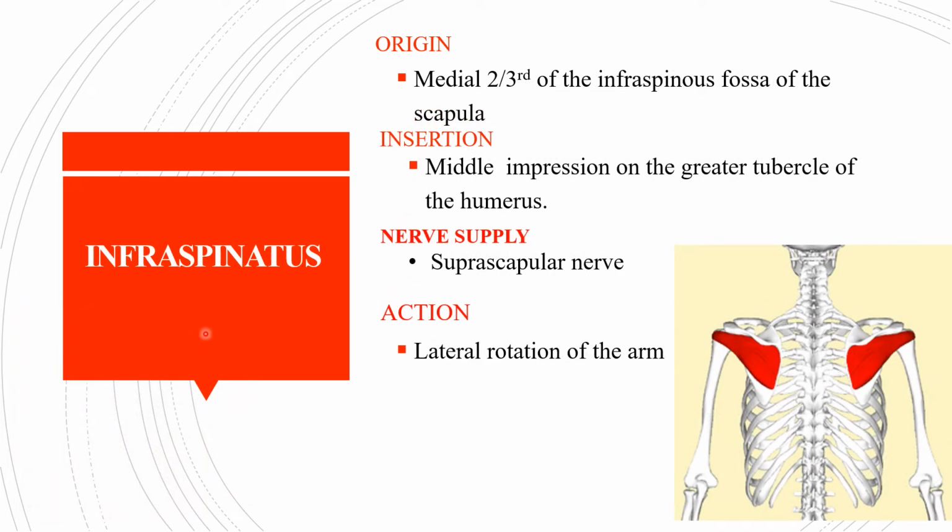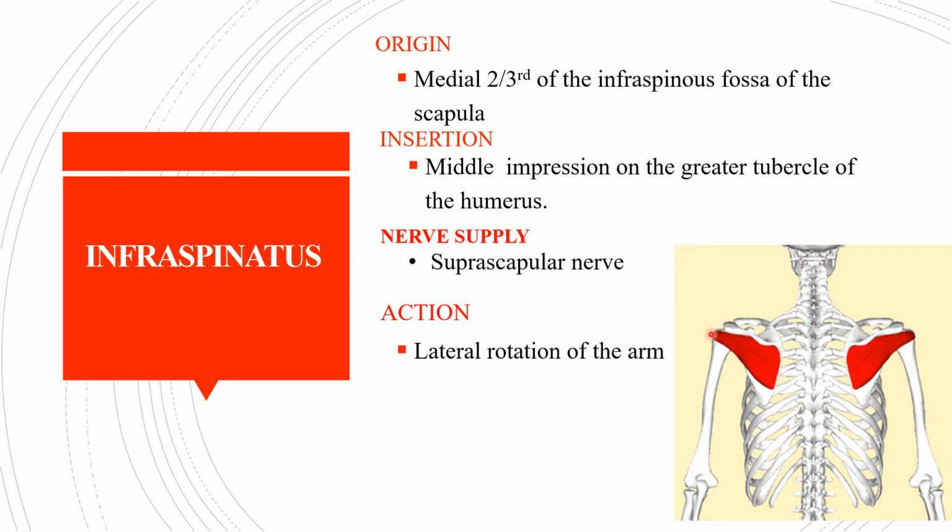And next one is the infraspinatus muscle. Here is the infraspinous fossa. The origin is the medial two-third of the infraspinous fossa of the scapula. Where is the insertion? The middle impression.